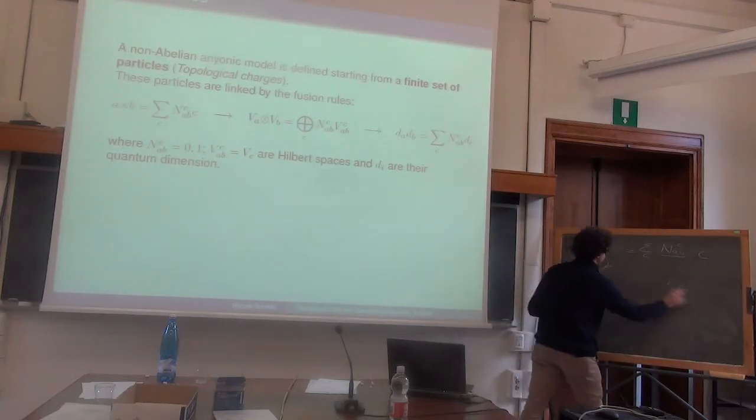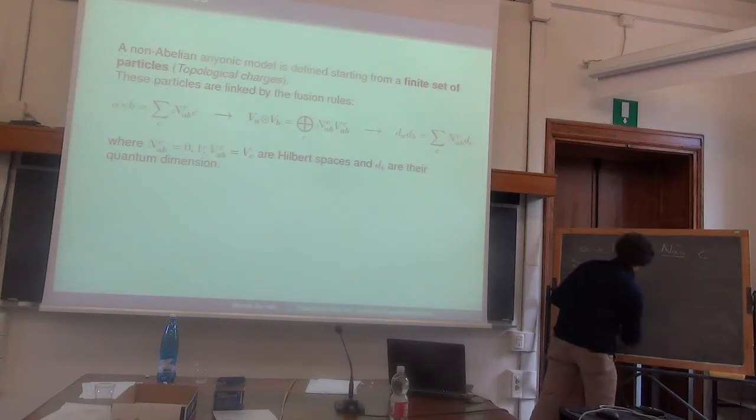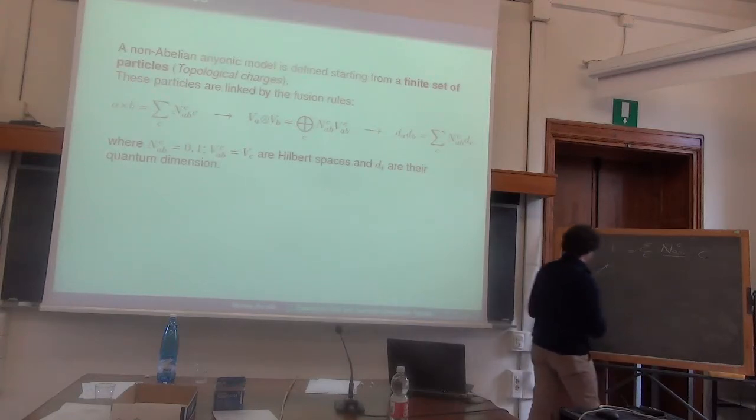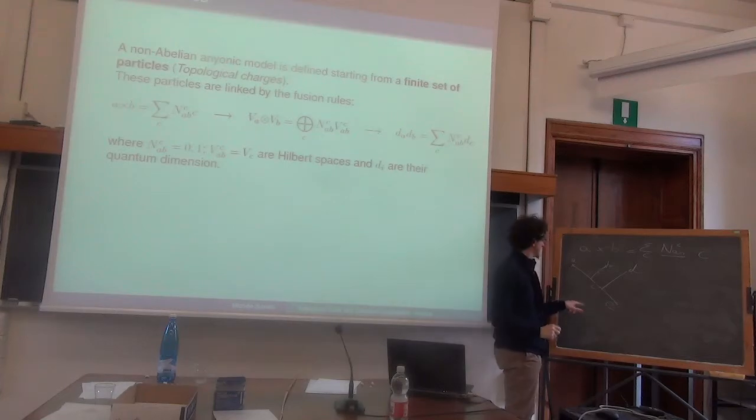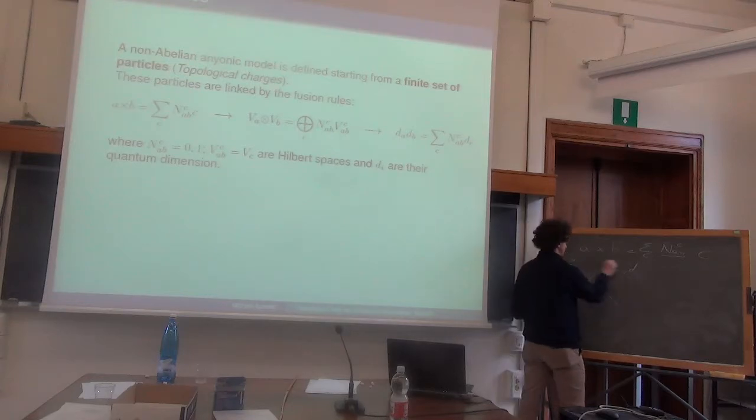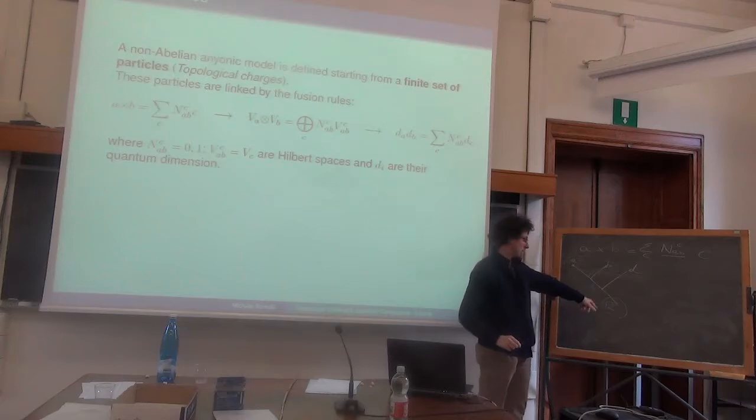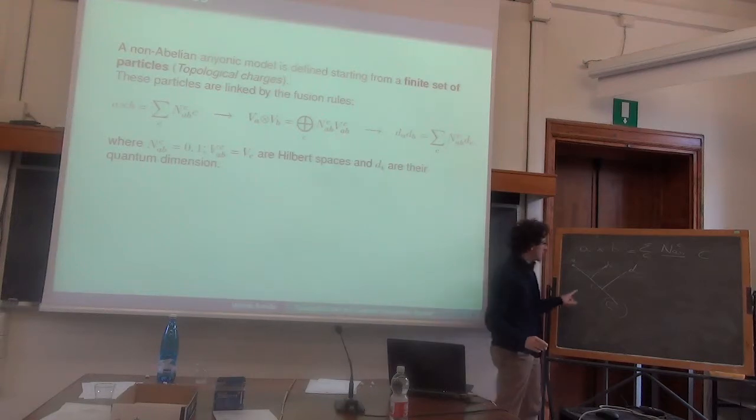So I may have A and B which go to C, right here, and then I add a charge D, and the final output will be here. So I want to describe the system in which I have three different anyons now, which fuse in an overall total charge E. Do you have questions? No.